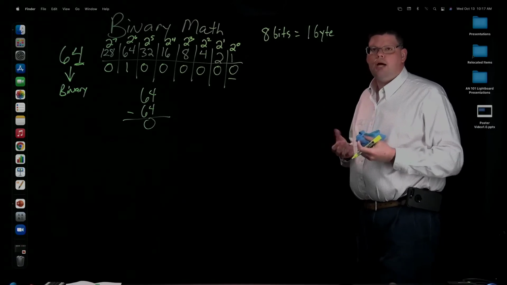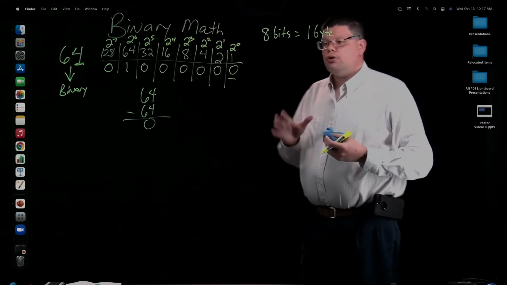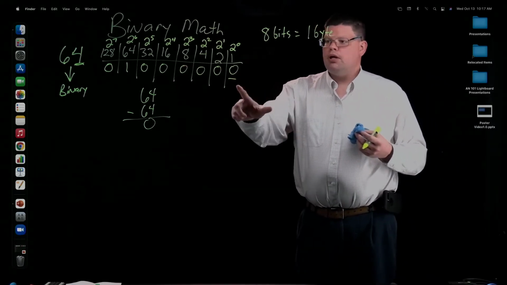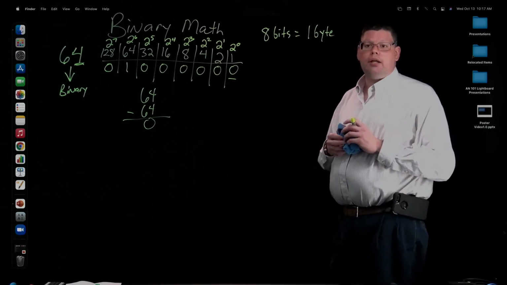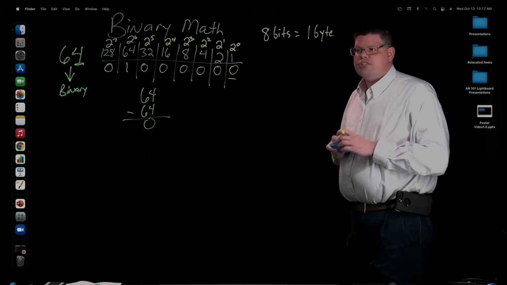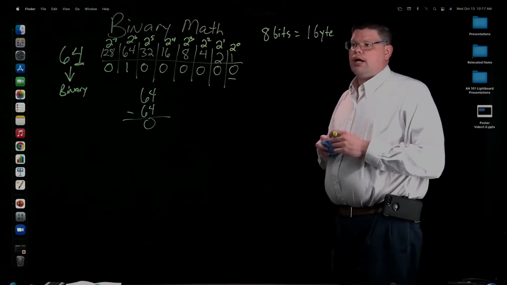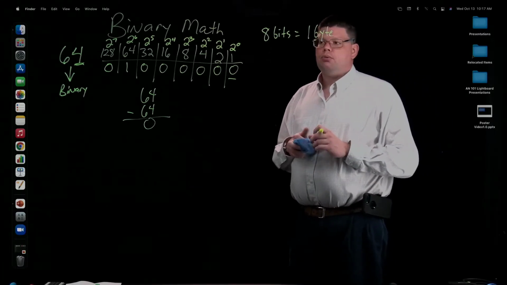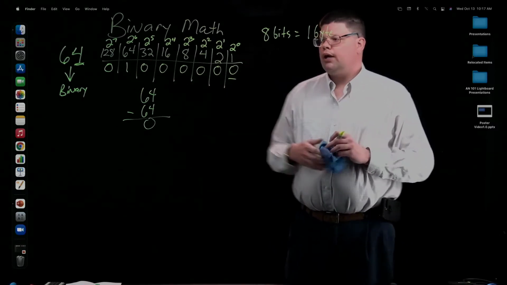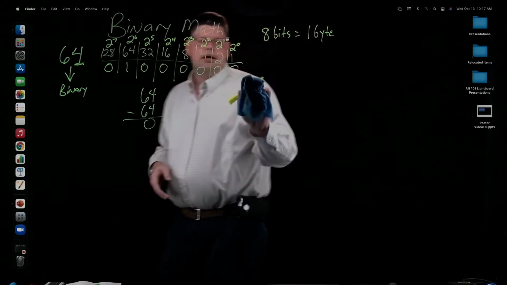Because this is a quick way you can check your work. In binary, even numbers will always end in a 0. So if it's an even number and it ends in a 0, you have more than likely done the problem correctly. If it's an odd number and it ends in a 1, you've done the problem correctly. If it's an even number and it ends in a 1, you used something incorrectly across the chart.